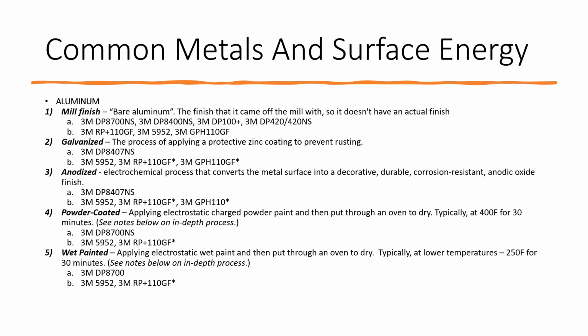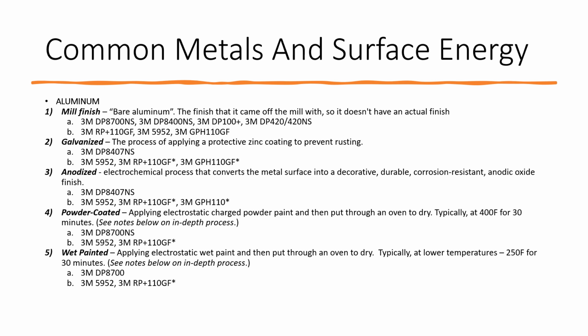So I wanted to go through some common finishes and paints that we see on aluminum. So you'll often hear people refer to mill finish aluminum. This is just bare aluminum. It's the finish it comes off with off the mill. Very advantageous to stick to with tapes and adhesives.